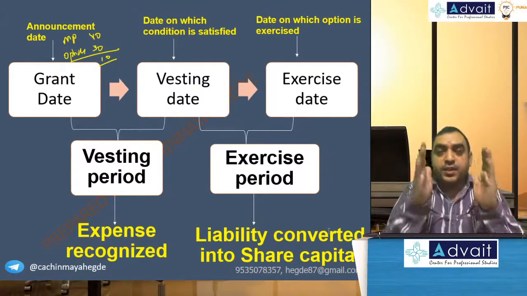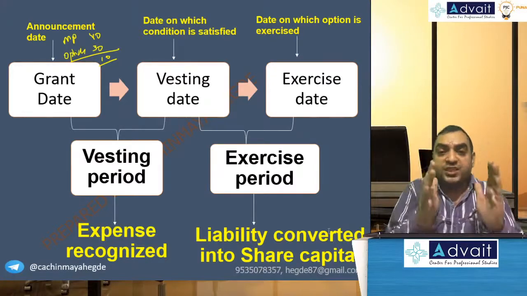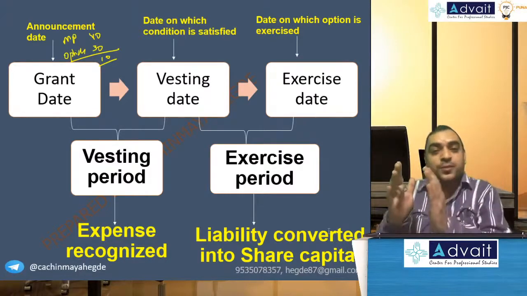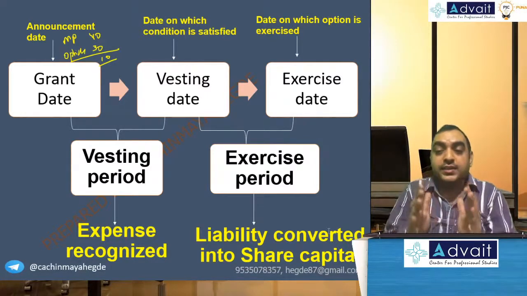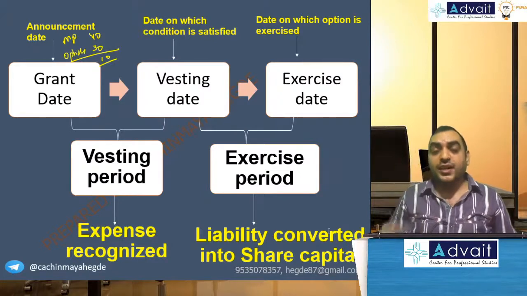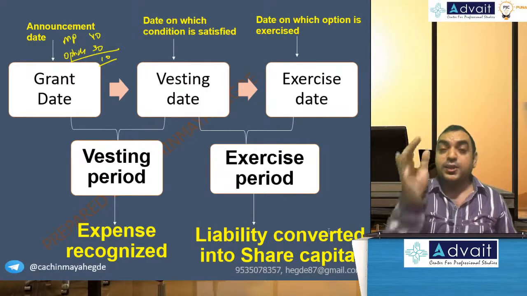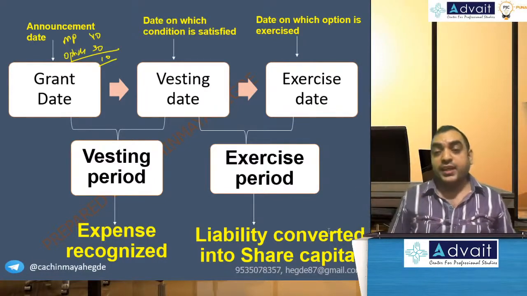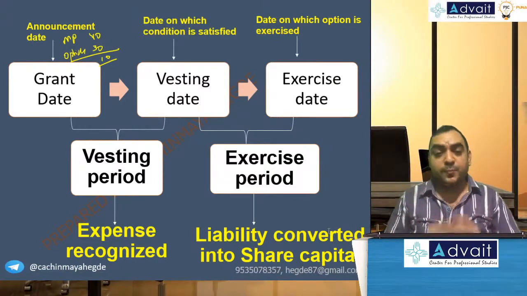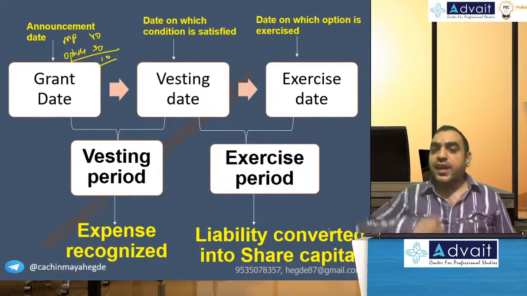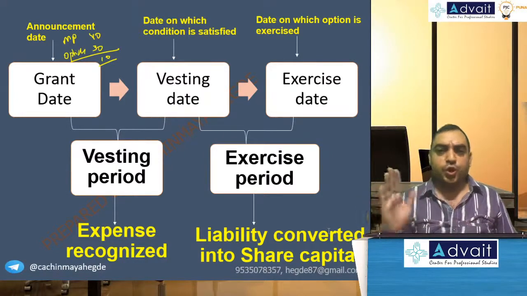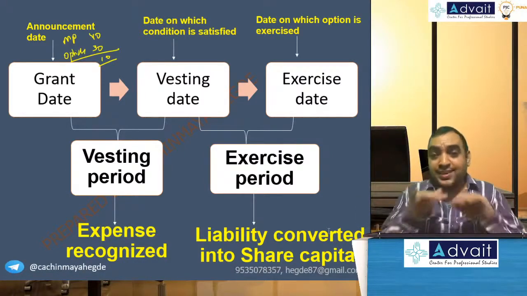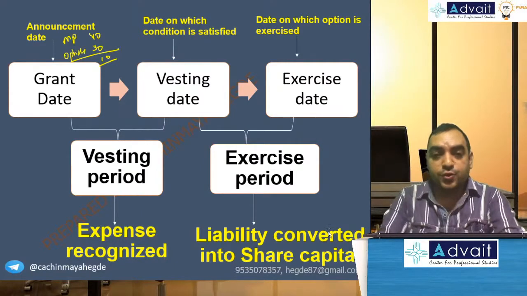In the vesting period, expense is recognized, which is the difference between the market price of the share and the price at which the employee can exercise. Hopefully that is clear, and once the option is exercised, you are going to convert it into share capital. That is the foundation. Let us go into the types.